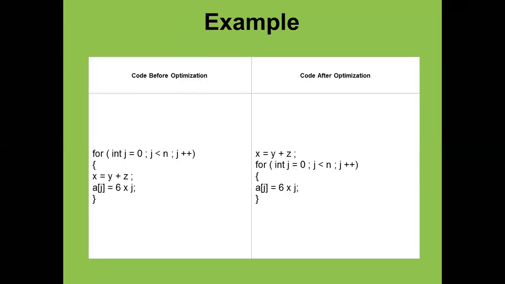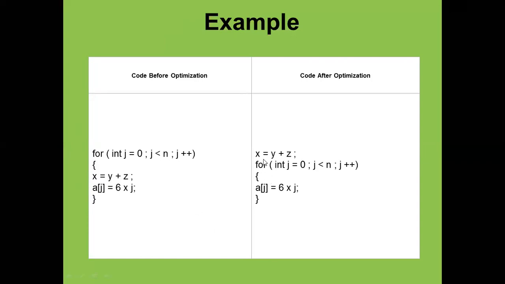Now you can see the code before optimization. For int j is equal to 0, j is less than n, j plus plus, x is equal to y plus z, a[j] is equal to 6 into j. Even though you must define this x is equal to y plus z above the for loop.